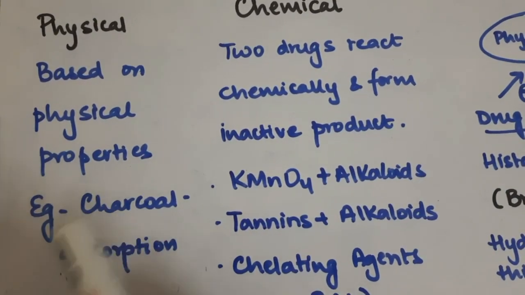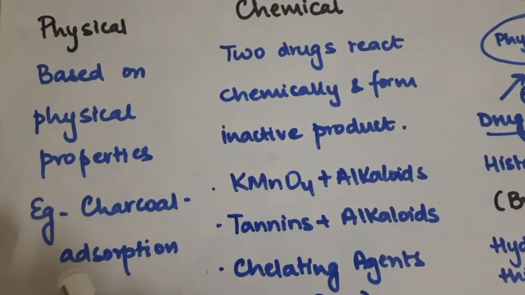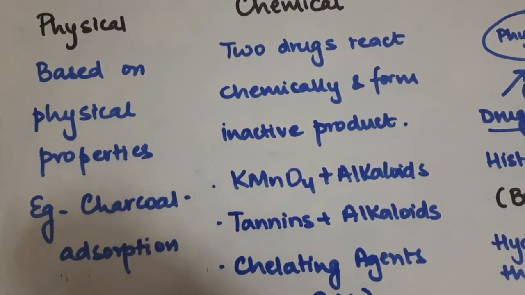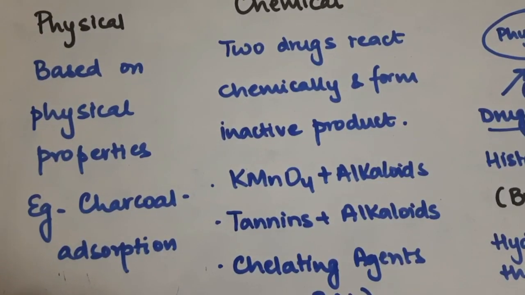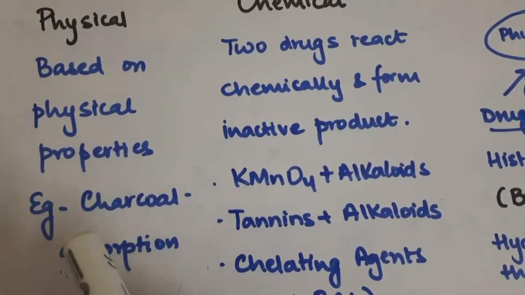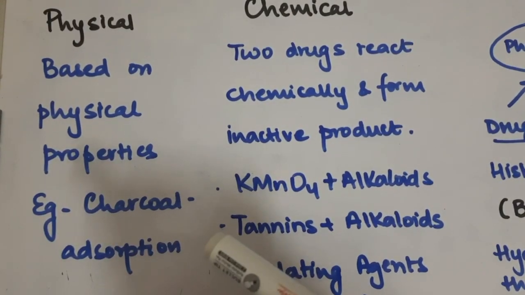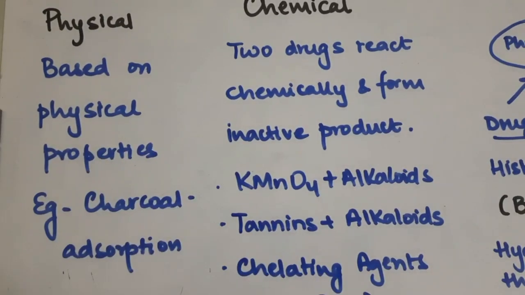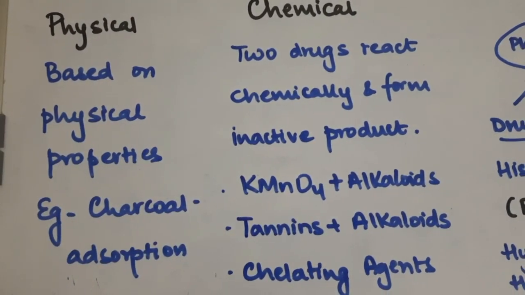On top of the charcoal, the alkaloid will get adsorbed, and because of that there will be less alkaloid available in the stomach or gastrointestinal tract for absorption into the body. So that is how it will inhibit the toxic effect of that alkaloid by causing adsorption, and this is a physical property. So this is an example of physical antagonism.